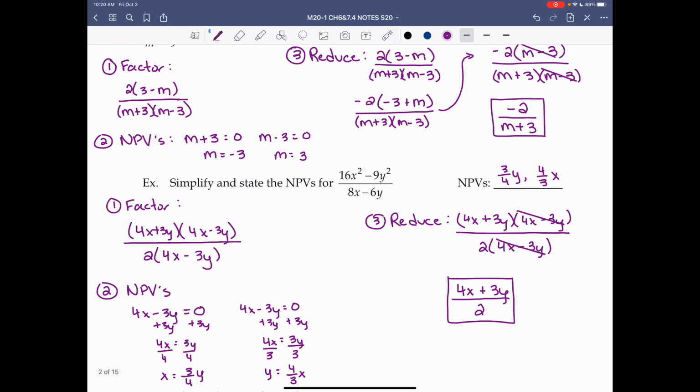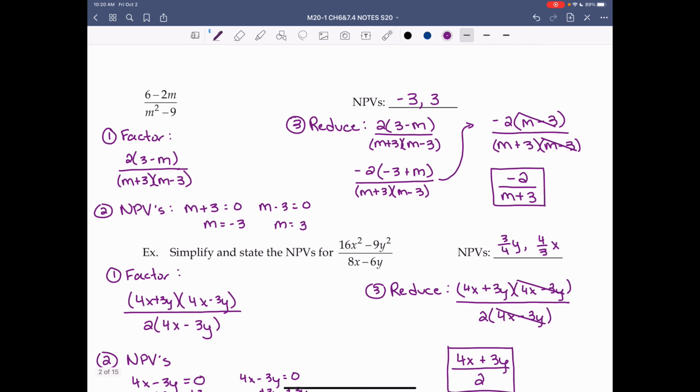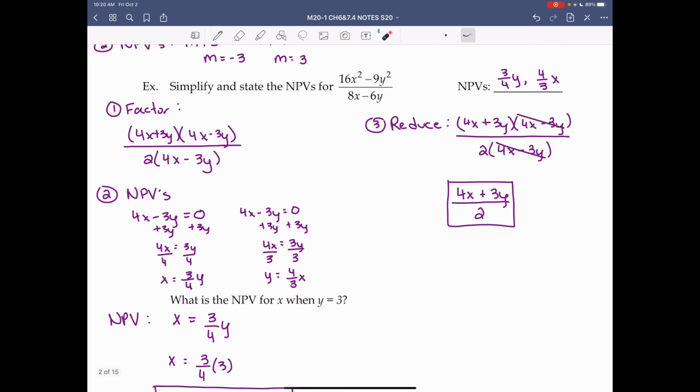Normally, like up here, we have an exact value for our NPVs. So if it told us to plug in m equals 3 and solve, we would know that we can't do that value. But down here, because we have these strange NPVs where the NPV depends on what the values are, we don't actually know.